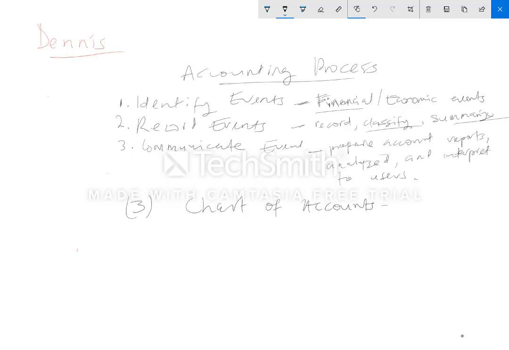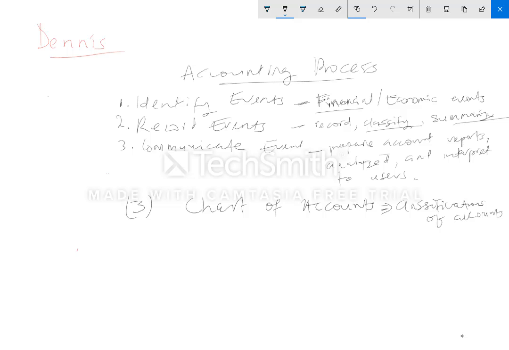That is classifications of all accounts. You are classifying all the accounts you're going to be using for your company or for your individual.